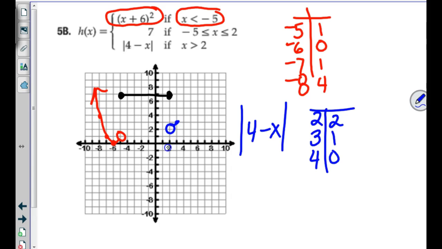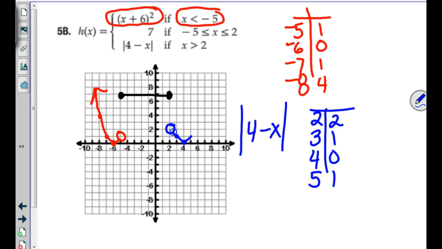Okay, yeah. Three, 1, 4, 0, 5 would be -1. You can't have a -1. Just kidding. What happens when it gets to 5? 4 minus 5 is -1, but the absolute value makes it 1.